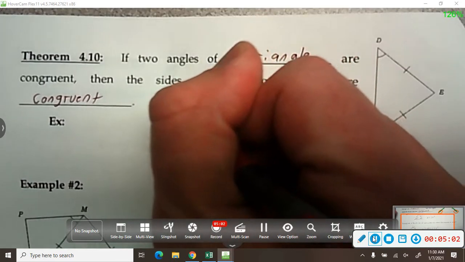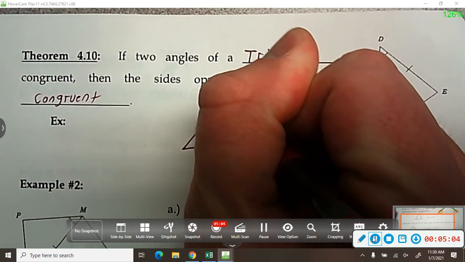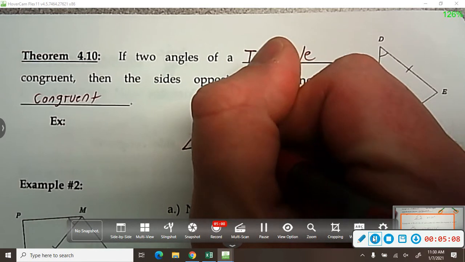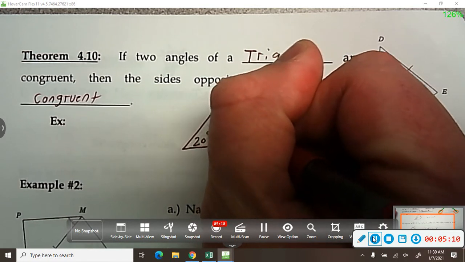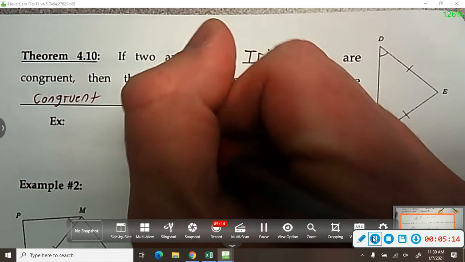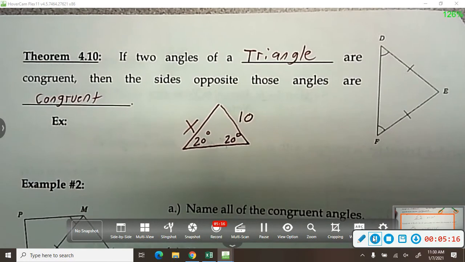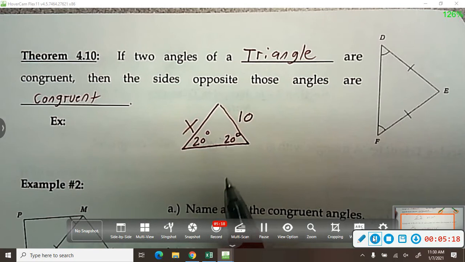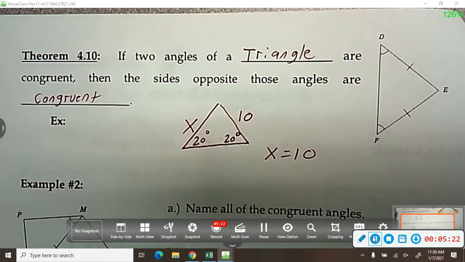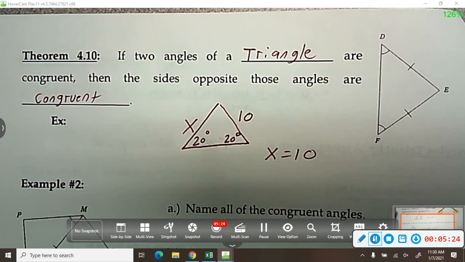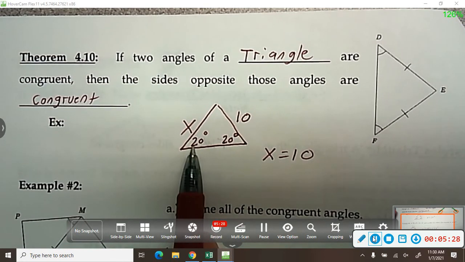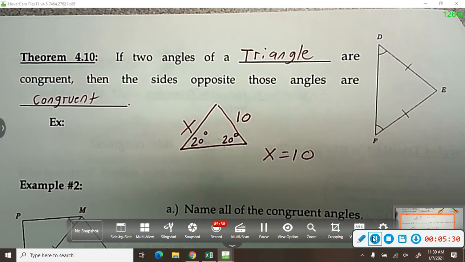Let's say I told you that this was 20 degrees and this was 20 degrees. And then I said that this side is 10, and I said, what is x? You would say 10. And that's it. If the angles are the same, then the sides opposite those should also be the same.